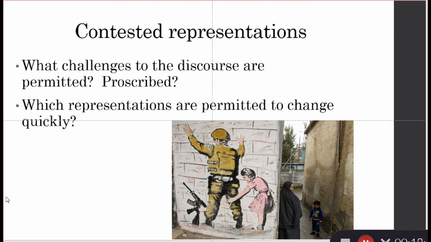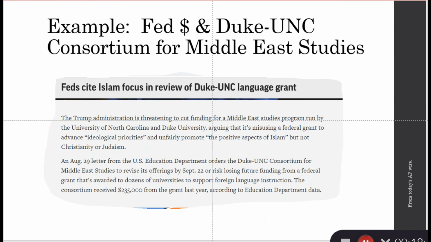So who gets to actually debate? One example you may remember from last year, federal money and the Duke University of North Carolina Consortium for Middle Eastern Studies. I'll let you read this for yourself. But basically, the Trump administration and the U.S. Department of Education did not think that Duke and UNC should be the gatekeepers for the discourse on terrorism in the Middle East.